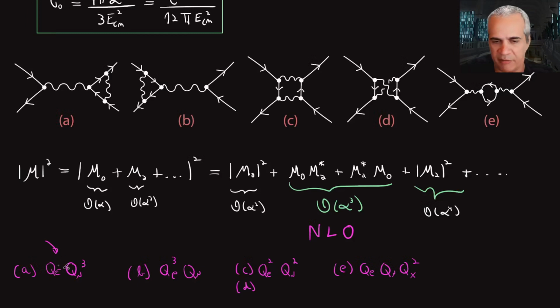An important caveat is that if X is the muon, there's a part of this diagram that has a muon going around the loop, which actually contributes to that. But that's part of the photon self-energy.